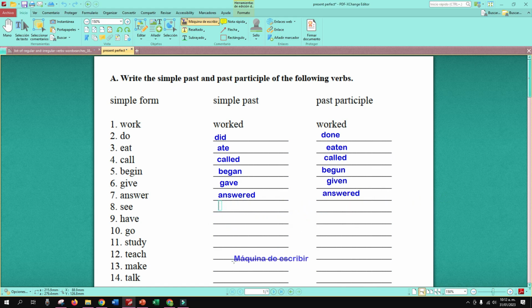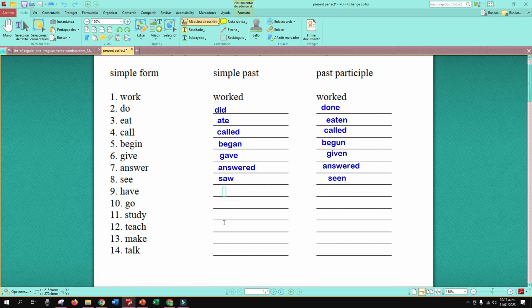What about see? In past, saw. Excellent. And see, in past participle, seen. Excellent, seen. That's great. Good. What about have? In past, had.